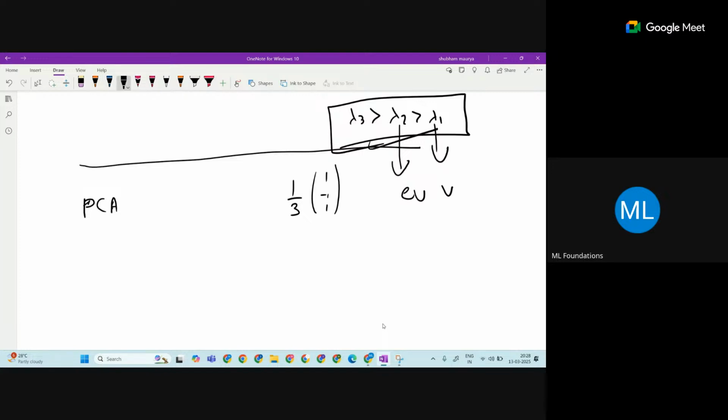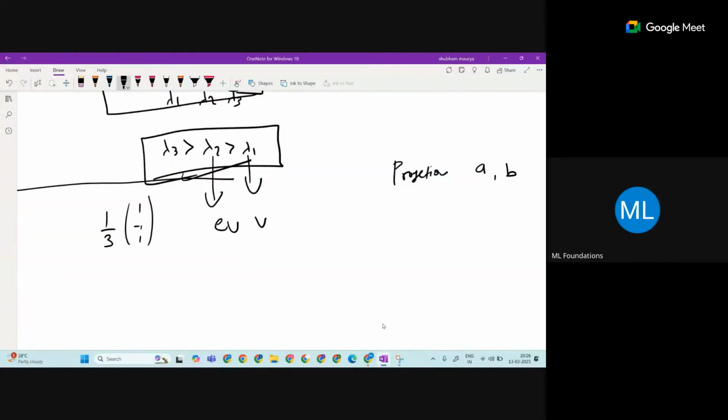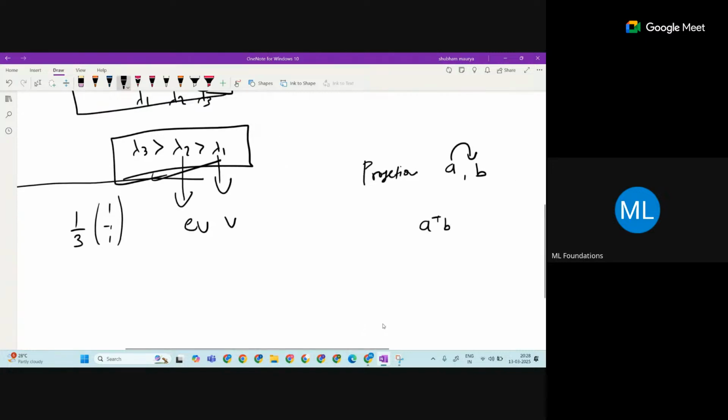If you see the projection formula, for vectors A and B, if you want to project A on B, the projection formula is A transpose B, times B, divided by the norm square. This is the projection formula.